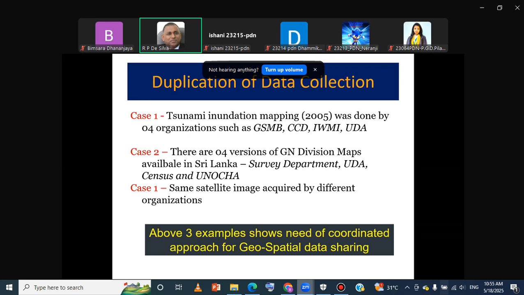I'm not saying that we should not purchase this data, but we should not purchase the same set of data for three or four different institutions. It's wasting public money.